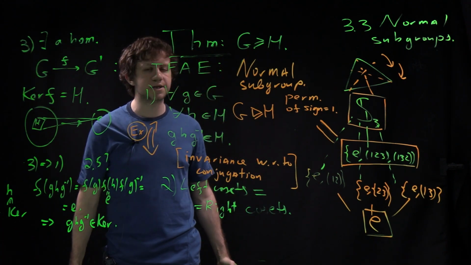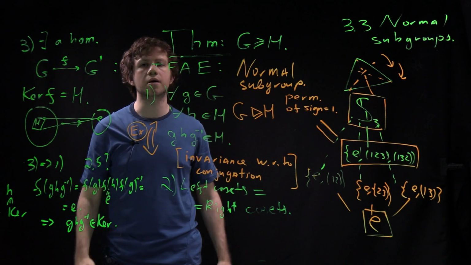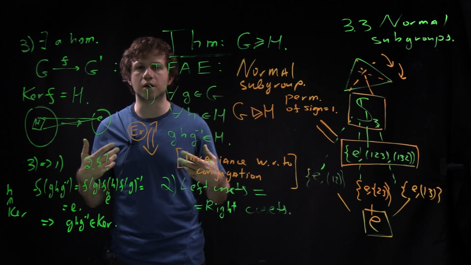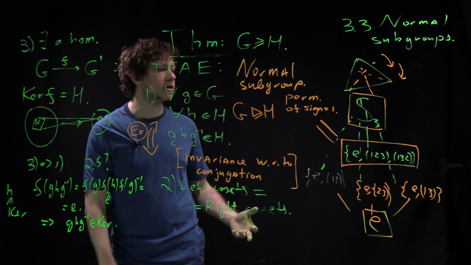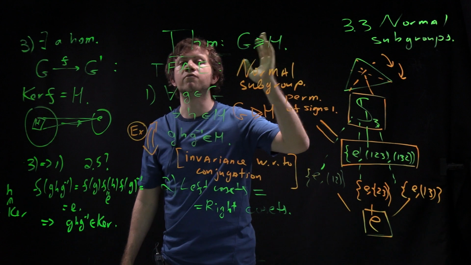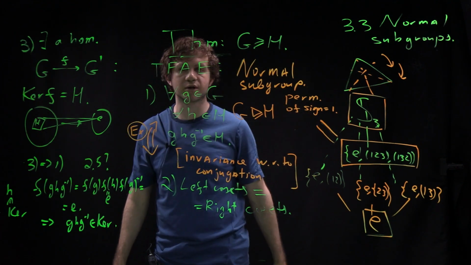The fundamental idea is that normal subgroups are the most interesting subgroups, and usually they have the most pretty geometric meaning. For instance, here we have all symmetries of a triangle, and inside we have rotations of a triangle. That's a normal subgroup.